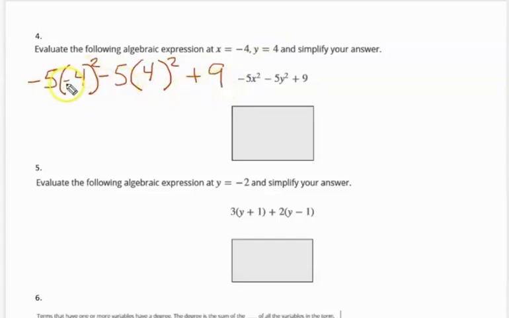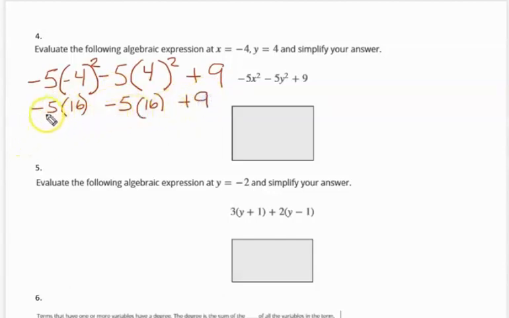All right, now a negative 4 squared is a 16, and a negative 5 times 16. Now a positive 4 squared is also 16. So this is still a negative 5, and then we're going to add 9 to it.